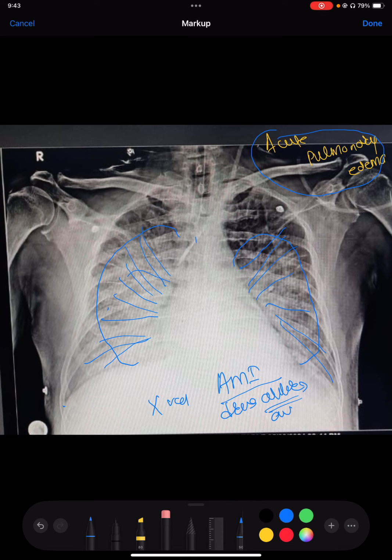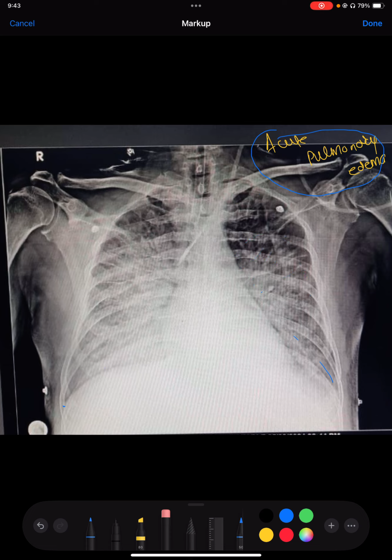Whereas in ARDS we don't see these fiber-like lines. In ARDS what we see is patchy, dot-like or reticular shadowing. Reticulonodular shadowing will be seen in ARDS.